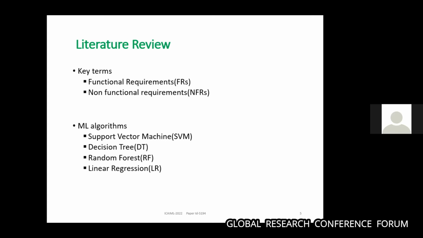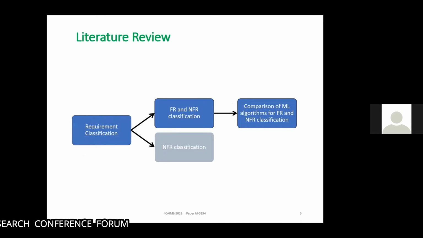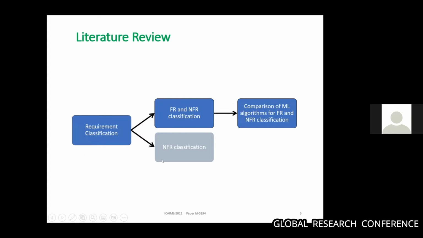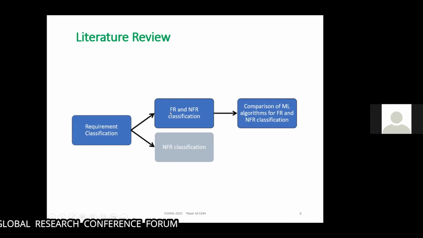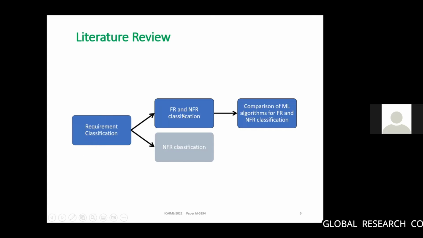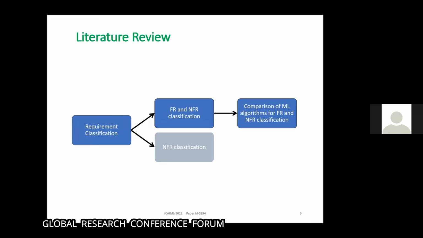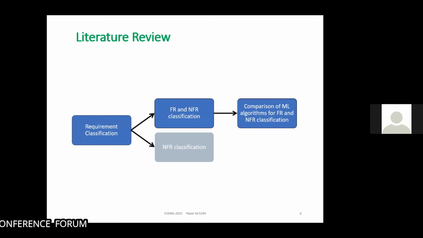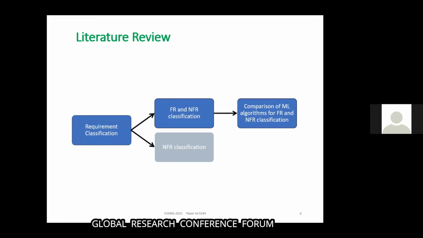And from that literature review, we started with the requirement classification techniques. We have observed that many papers are there with respect to NFR classification, but not particularly for both the functional requirement and non-functional requirement. But our research work was targeting to give direction for both the functional requirement and NFR classification. So accordingly, we progressed to a set of papers which are targeting the functional and non-functional requirement classification.